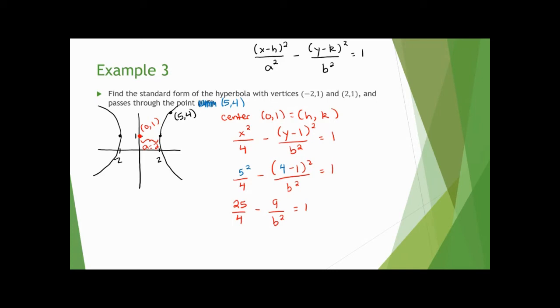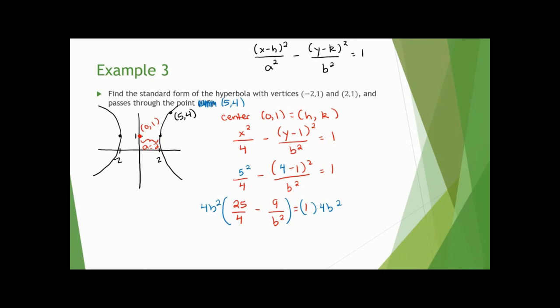Now I'm solving for b squared, and I can multiply both sides by the common denominator to eliminate my fractions. So that means multiplying by 4b squared on both sides. So multiplying by 4 will get rid of the denominator for the 25 over 4, and multiplying by b squared will get rid of the other denominator.